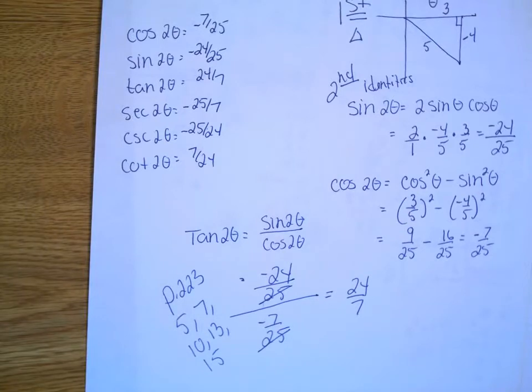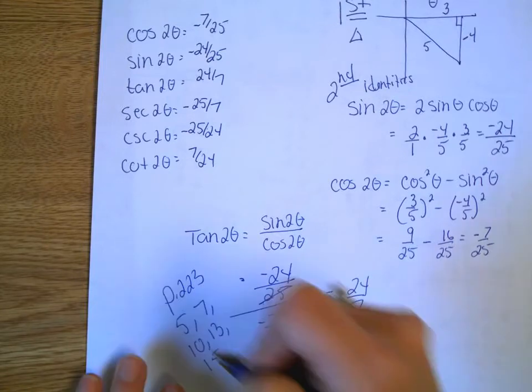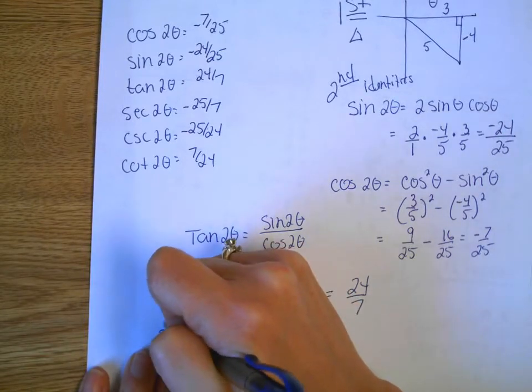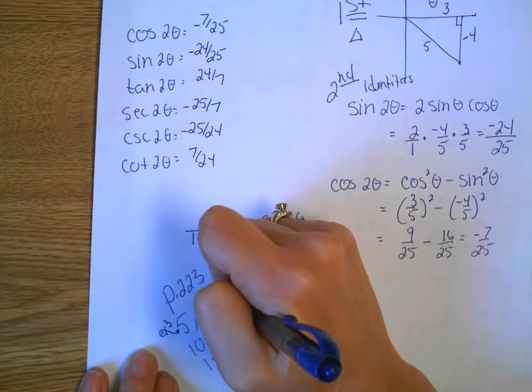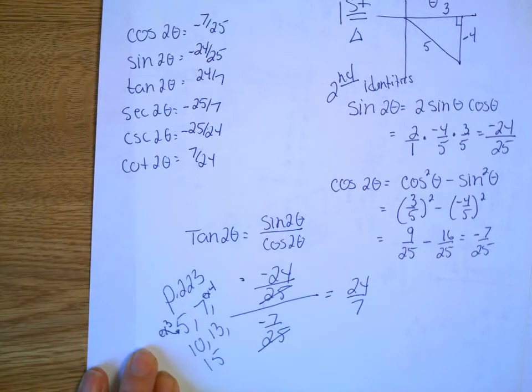So number 5 is just like example 3. Seven is like example 4. Ten is like example 4.